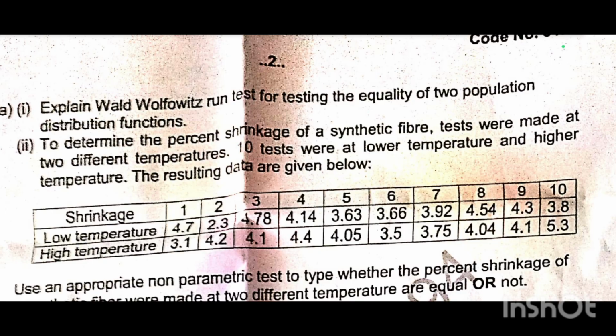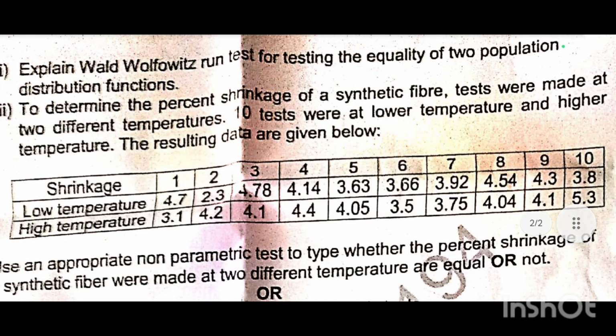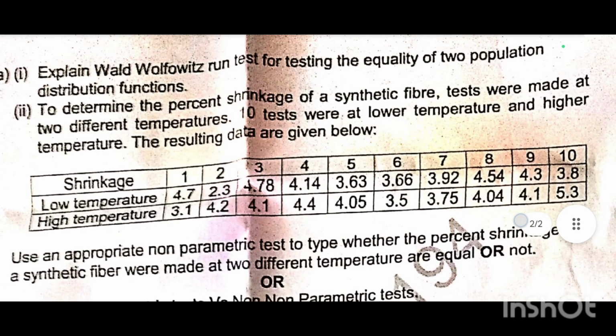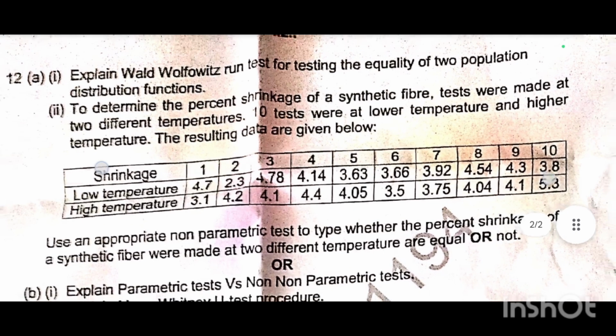The resulting data are given below: shrinkage values 1 to 10 for lower temperature and higher temperature are given. Use an appropriate non-parametric test to test whether the percent shrinkage of the synthetic fiber at the two different temperatures is equal or not.